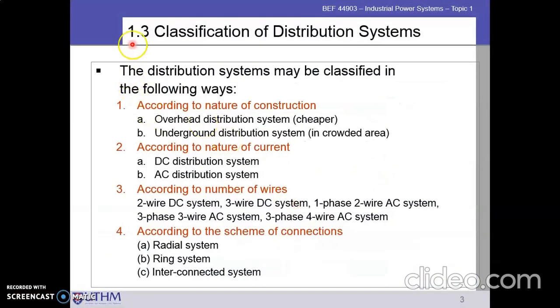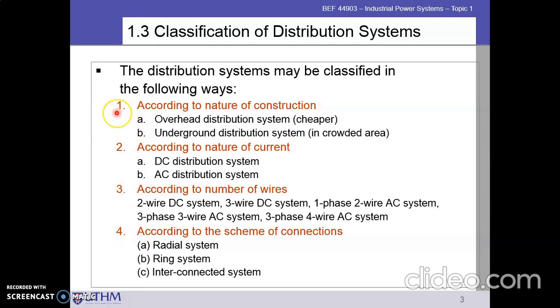Okay, next we go to 1.3, classification of distribution system. The distribution system may be classified in the following ways. There are 4 items for classification. The first is according to nature of construction, the second according to nature of current, the third according to number of wires, and the fourth according to the scheme of connection.